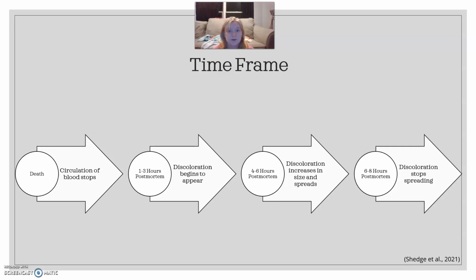And then 6 to 8 hours post-mortem, the discoloration stops spreading and it's fully dark as it'll get. And then 8 to 12 hours, you're no longer able to change the positioning of the lividity, which will be covered in a deeper sense later.